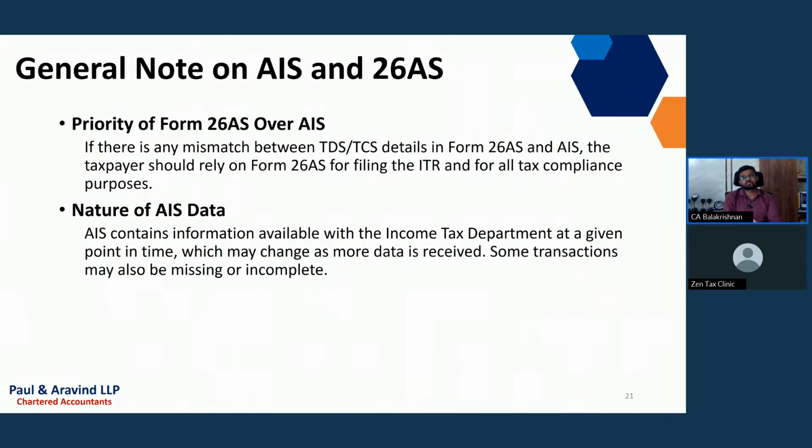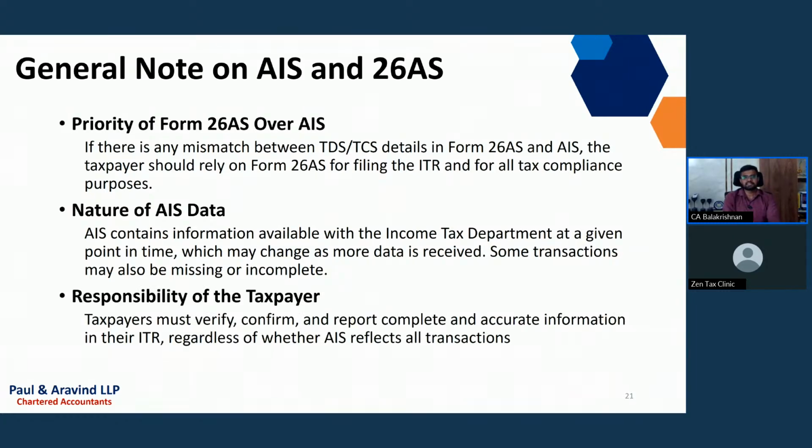Also, for interest income where TDS is not deducted, this interest income is not reported in 3B. So for interest income with no TDS deducted, we need to offer it as income we have received. Like that, some information will not be available with the department. So we need to make sure voluntary compliance is ensured, and accurate information needs to be given in the ITR.